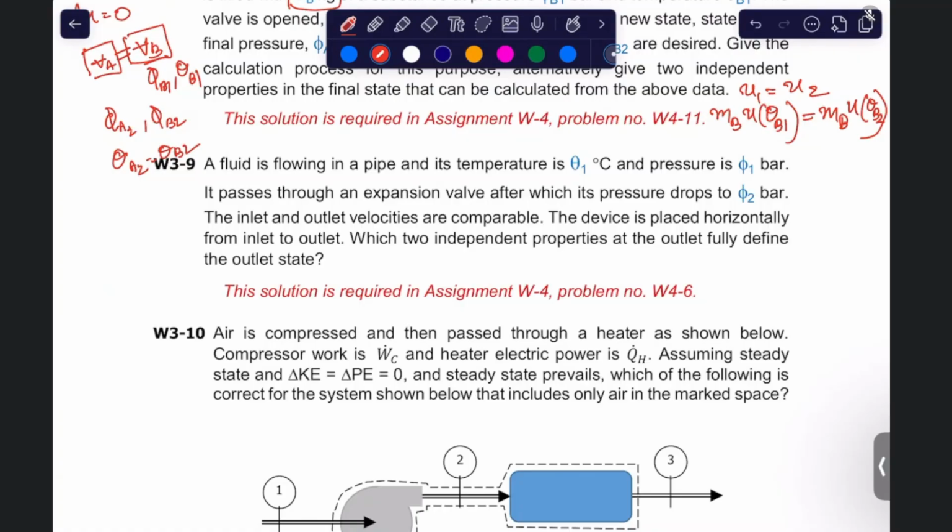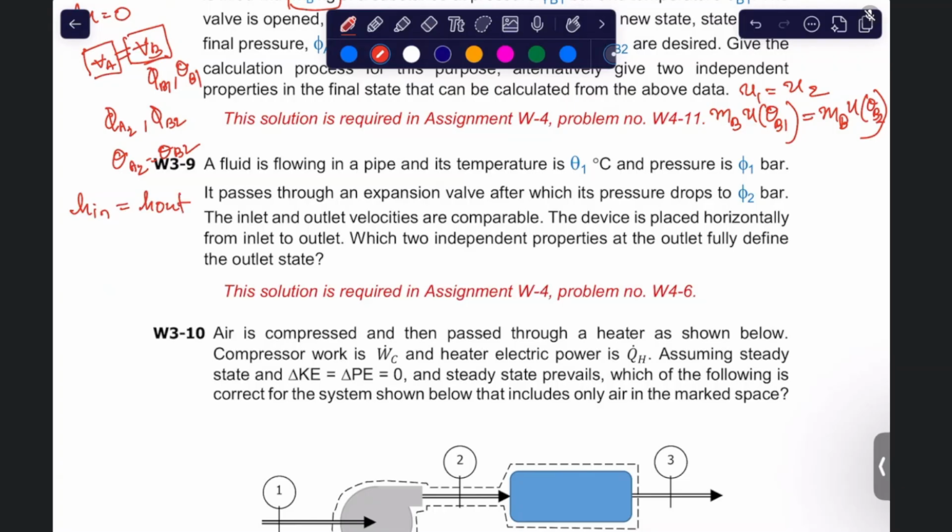So expansion valve is also known as throttling valve. It is a steady state process with no heat exchange, and there is negligible kinetic and potential energy, no shaft work. So for the expansion valve, we will be taking H inlet equal to H outlet.